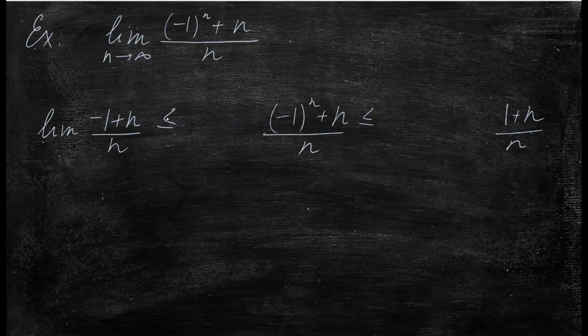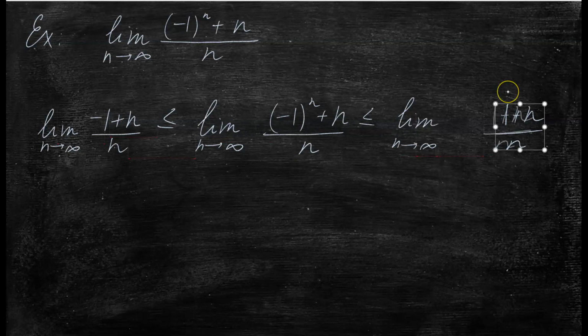Now applying the limit to all three sides will still give us a valid inequality. However, we can notice that the sequence on the very right is approaching 1.